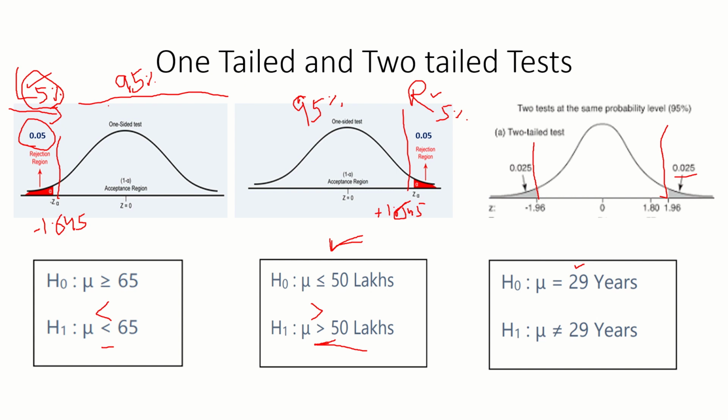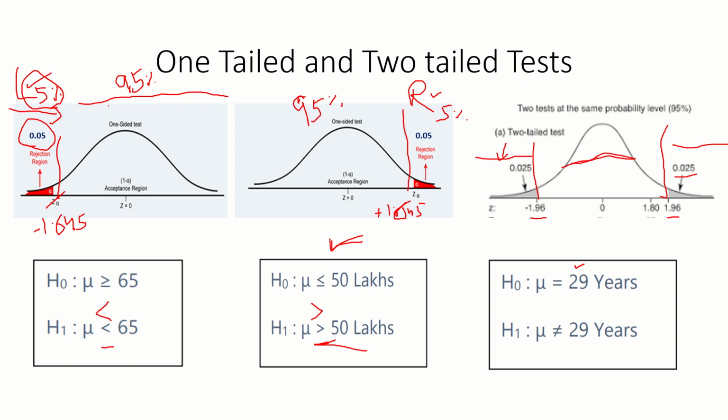Here your Z critical value becomes plus 1.96 on this side and minus 1.96 on the other. This is the rejection area, these are the rejection areas. If the test statistic falls in this area, you are going to reject the null hypothesis. If it falls in this area, you are going to accept.